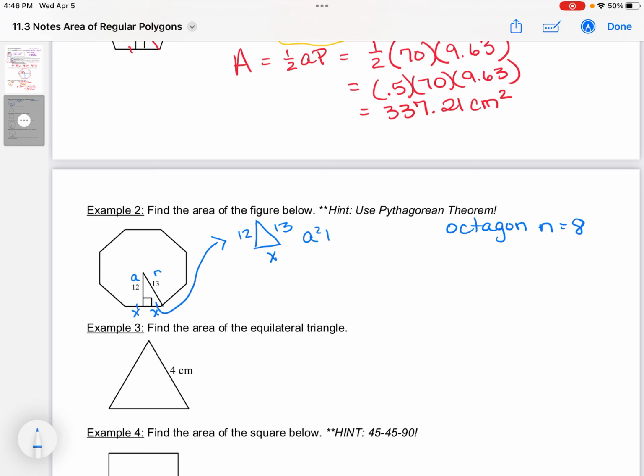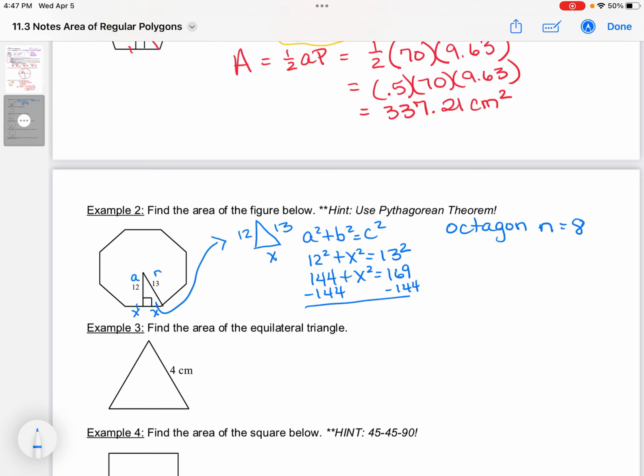All right, so we're going to use the Pythagorean theorem. We're going to do a squared plus b squared equals c squared. So we have 12 squared plus x squared equals 13 squared. So that's going to be 144 plus x squared equals 169.